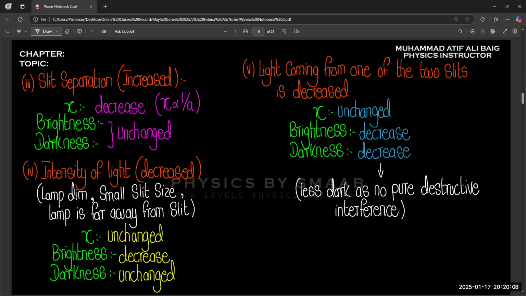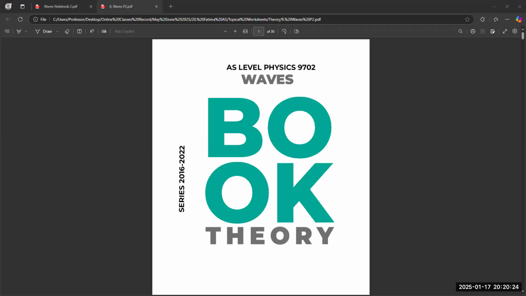No. Okay, now let's consider questions from this Young double slit experiment. Then we will also start the second experiment, the diffraction grating. So first of all, let's see the questions related to this Young double slit experiment.